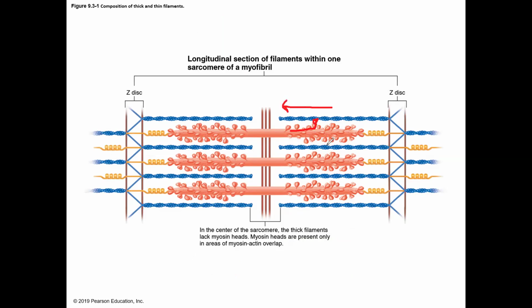So these myosins on the right side will be moving the actins toward the middle, which is referred to as the M line. The myosin heads on the left side have hinges that once they bind the actin are going to move the actin from the left to the right. And when a muscle gets excited, again, it gets shorter in length. So therefore, the sarcomere will be getting shorter in length. And that's referred to as the sliding filament theory.